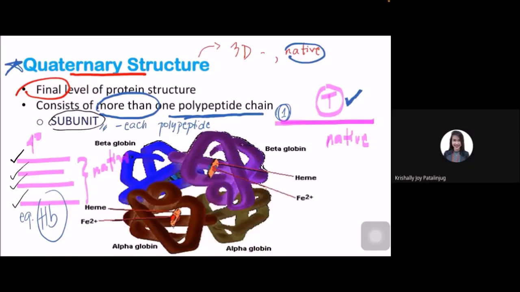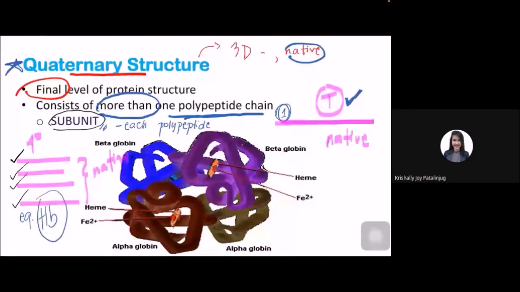So for now, just know that this is a quaternary structure. Kung quaternary structure si hemoglobin, marami siyang polypeptide chain and functional na siya. Native, matured na yung mga polypeptide chain. That illustration is actually the hemoglobin. Okay?